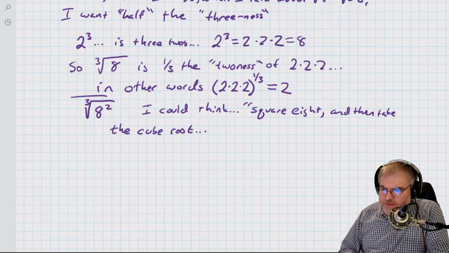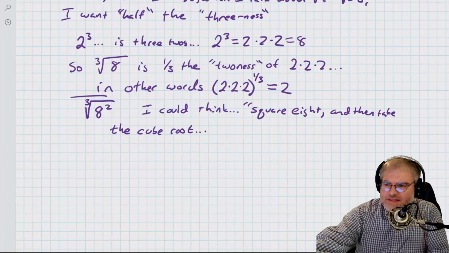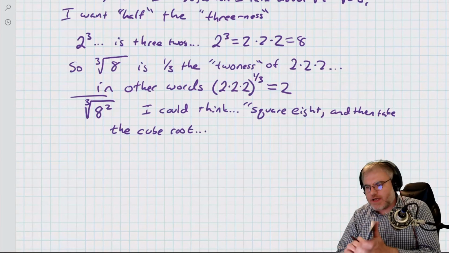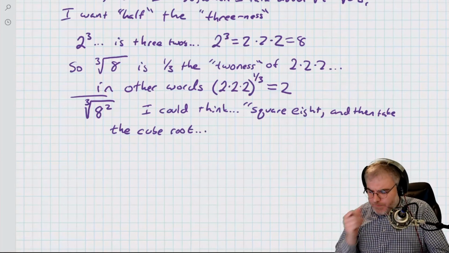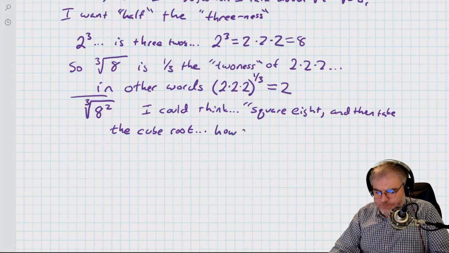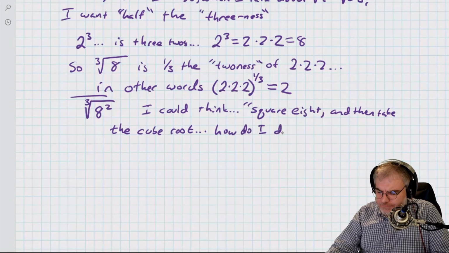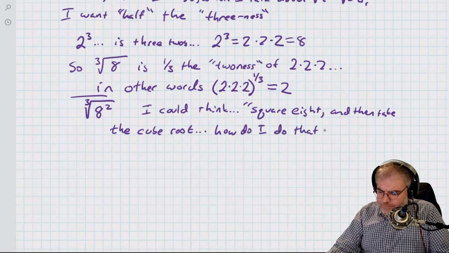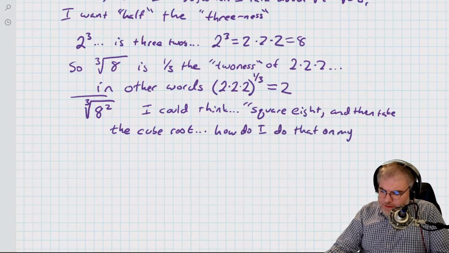And how do I do that on my calculator, by the way? It's this X button here, somewhere on here. There's a cube root button, but it's got an X in it.